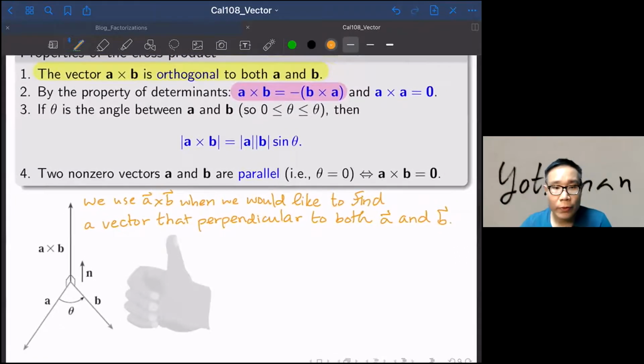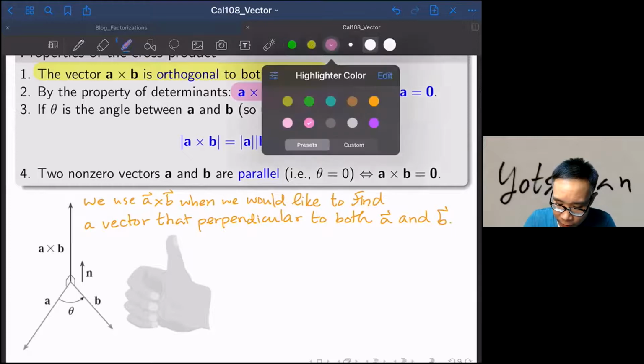The next one is the norm or the magnitude of A cross B. The norm of A cross B is equal to norm of A, norm of B, sine theta. This one is a little bit difficult to prove, so I'm not going to show you how to obtain it.